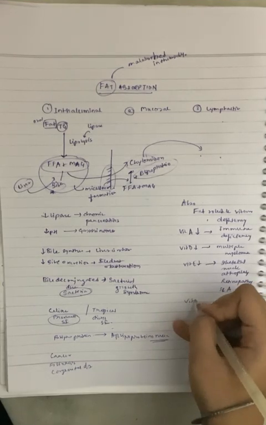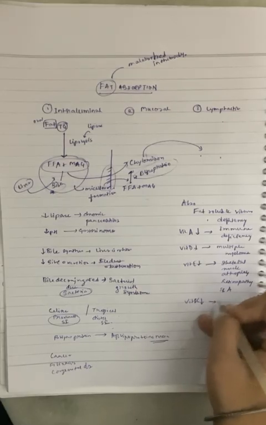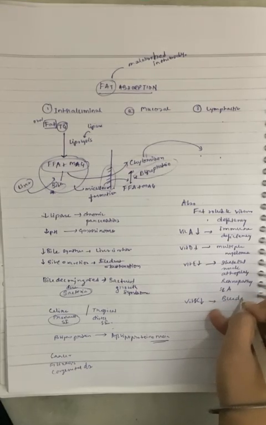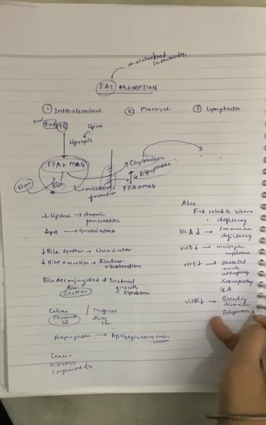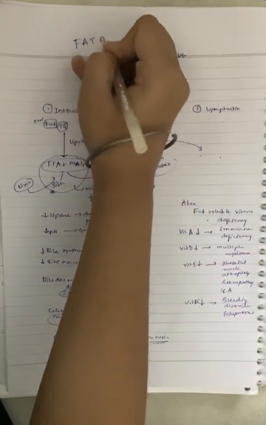Then with vitamin K deficiency, bleeding disorders can be seen, that is, ecchymosis is seen. So this whole thing is fat malabsorption.